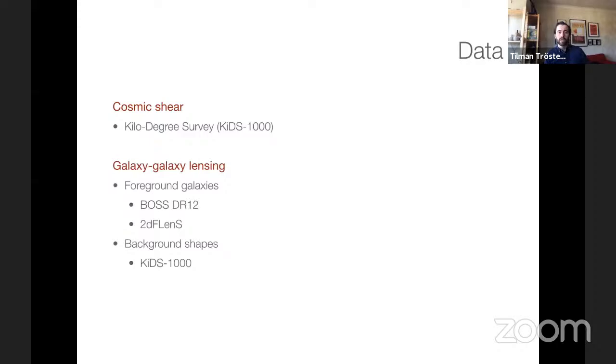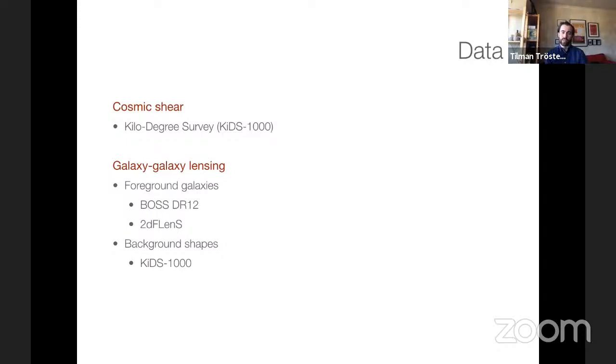Now to the actual data we're using. I think I said that the main part of that whole exercise is cosmic shear, and for that we use the kilodegree survey. For the galaxy-galaxy lensing part, we use a spectroscopic sample for our foreground galaxies. It has some advantages. For one, we don't need to worry about the photometric uncertainties of these lensing galaxies.